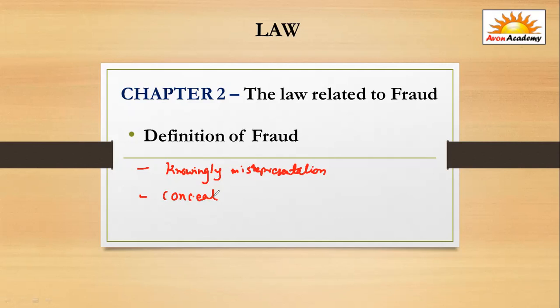So let's put in short the definition part of it. You can make a note of this definition for the fraud part. So fraud is nothing but, one, a misrepresentation. Okay, so the intention is very, very important.